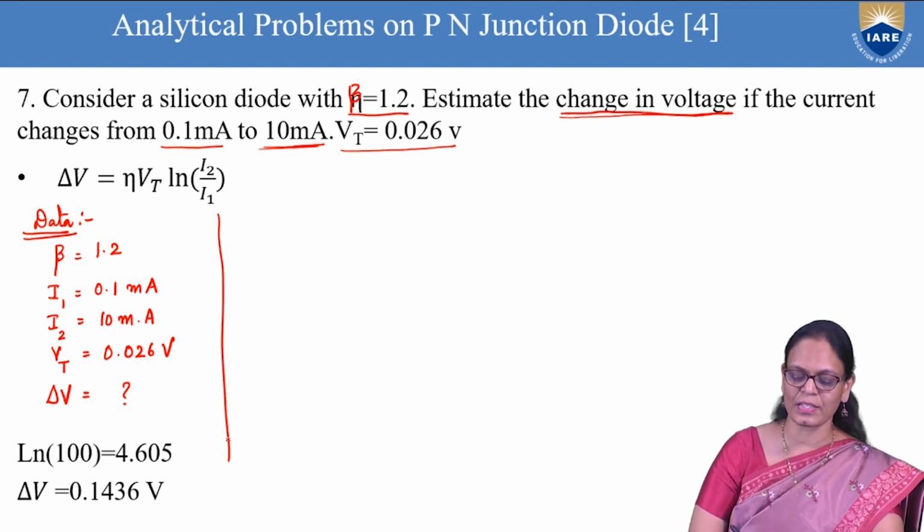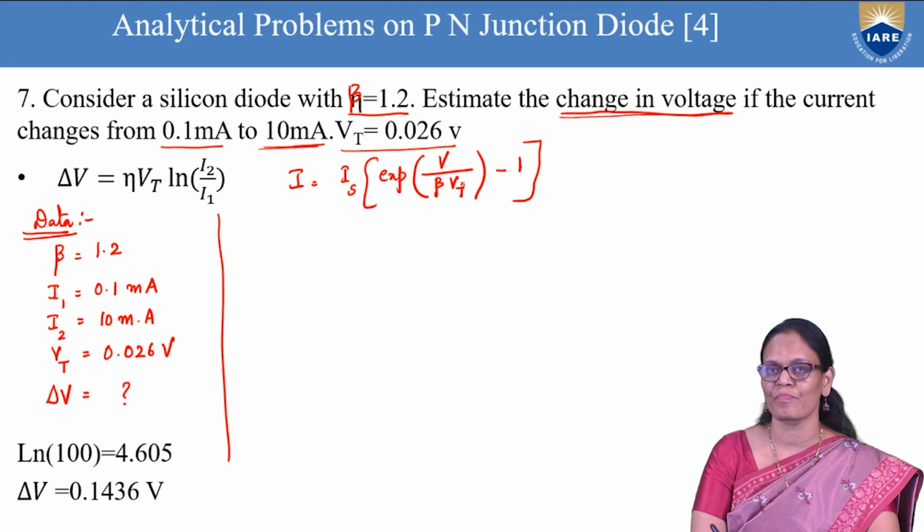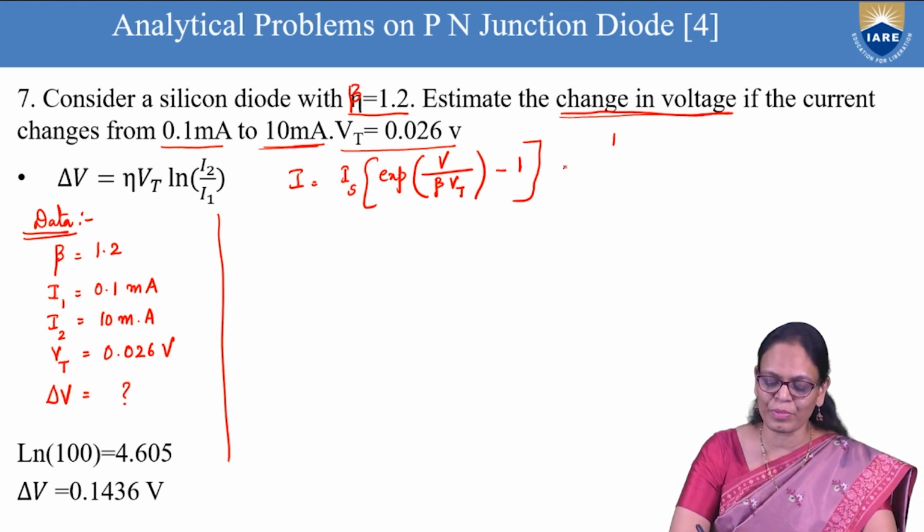So first let us write the formula. I is equal to Is exponential V by beta Vt. I am writing the formula in terms of Vt because Vt is given. And we have to write now I1. From here, we can write I1 and I2.